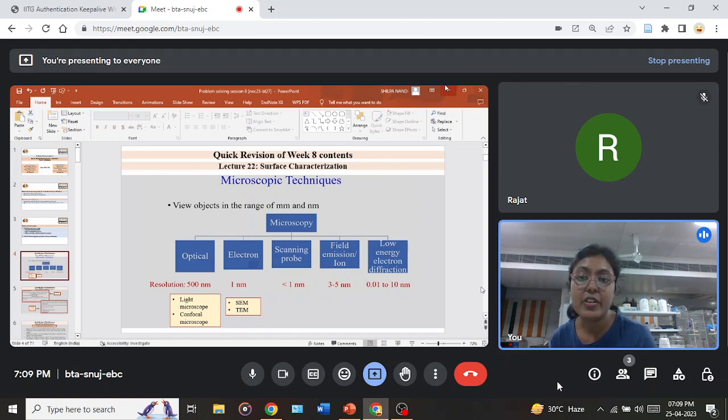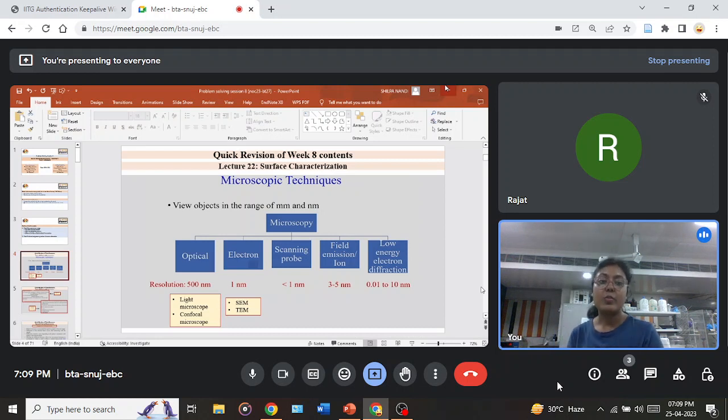You can see 500 nanometer for optical microscopy, then 1 nanometer for electron microscopy, less than 1 nanometer for scanning probe, 3 to 5 nanometer for field emission or ion microscopy, and lastly 0.01 to 10 nanometer. The smaller the resolution value, the better is the view of the image.